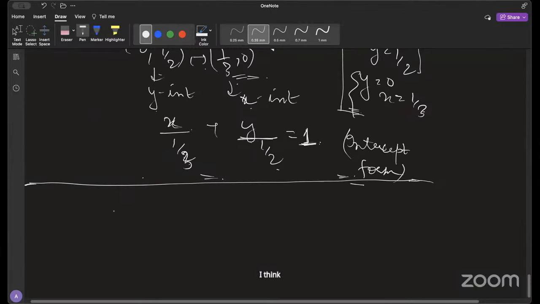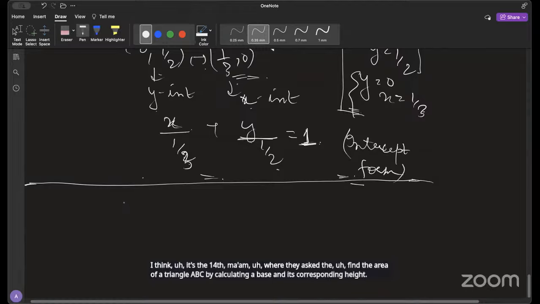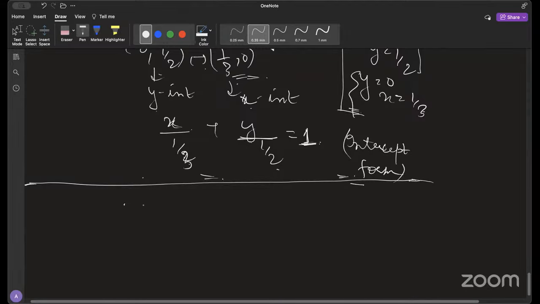I think it's the 14th, ma'am, where they asked to find the area of a triangle ABC by calculating a base and its corresponding height. You've been given points A, B, C, and you're asked to find the area by calculating the base and the height.